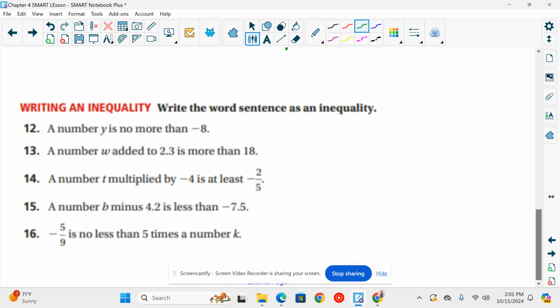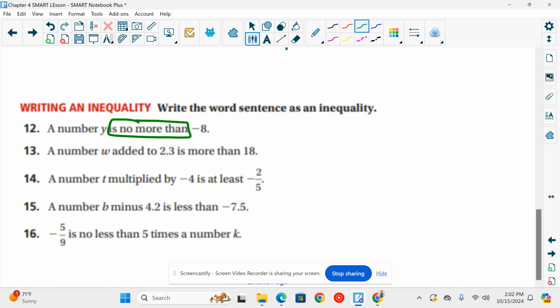So looking at number 12, what's your symbol words in number 12? Is no more than. So is not more than. More than is what? Think about it for a second. More than. If the number's more than, what is it? It's less than. Right.